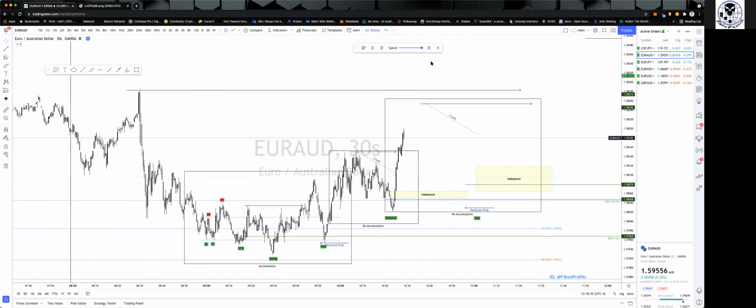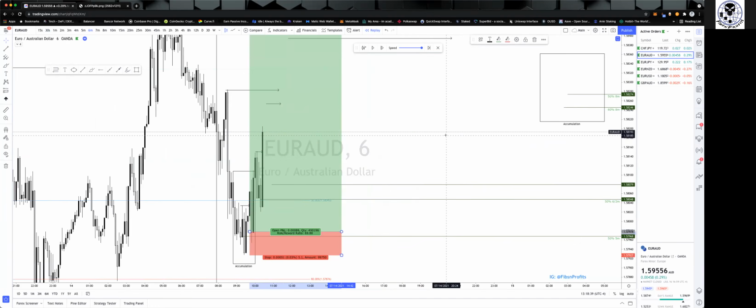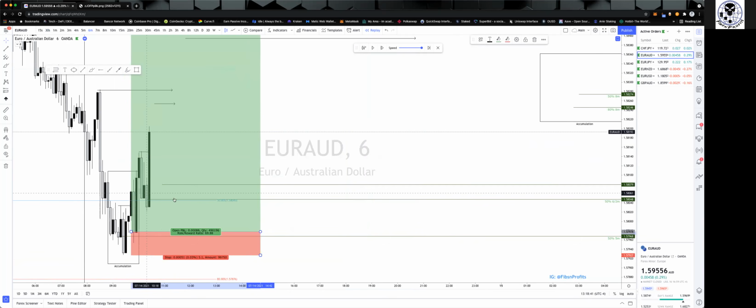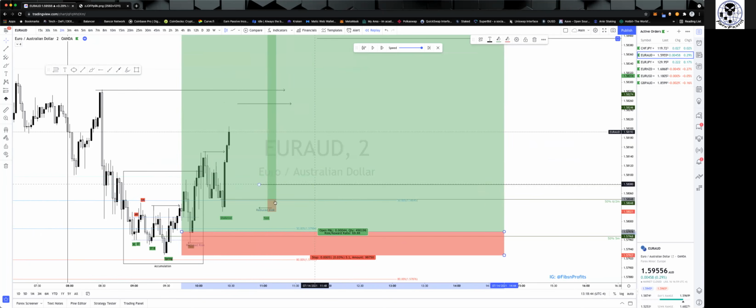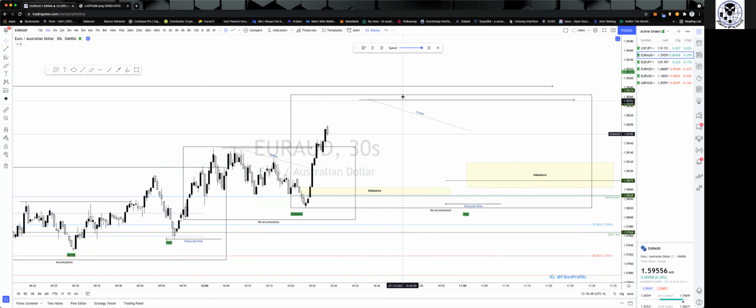Again, the 6-minute candle was the most voluminous candle that I was looking at in this push. It was also the 2-minute candle in here. When you get into the lower time frame, you can see that this was the start of the sell-off push down, where that 6-minute candle is. We have clear imbalance here on the 30-second, on the 1 minute, 15-second. So for me, it was a simple play: entry off that 50%, stop loss right down here.